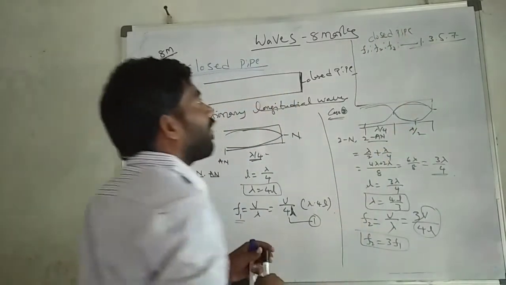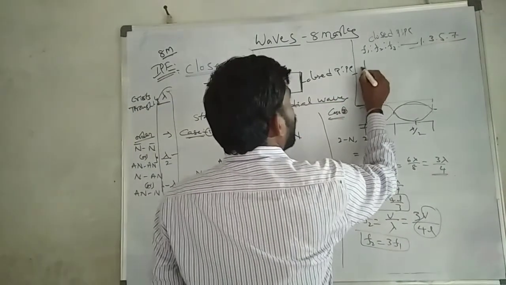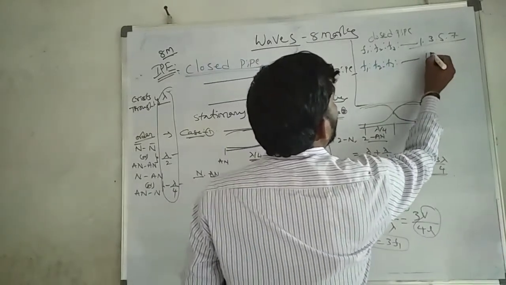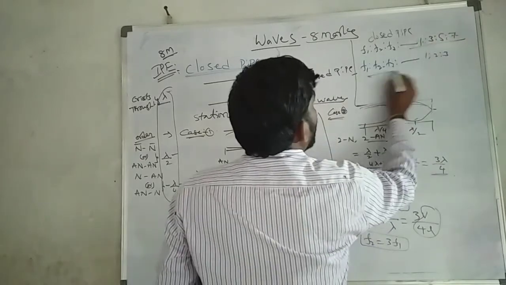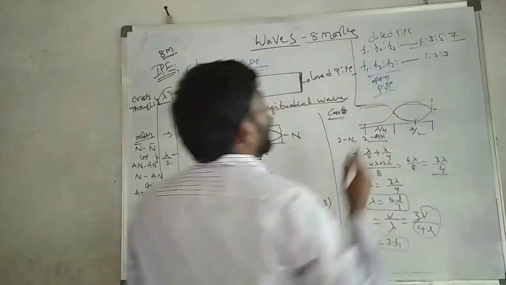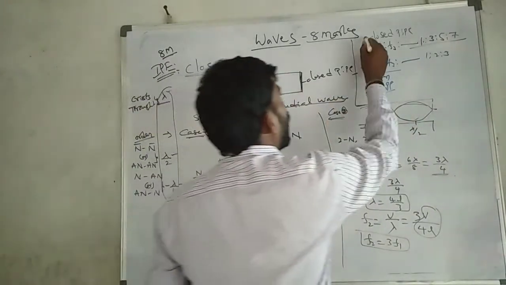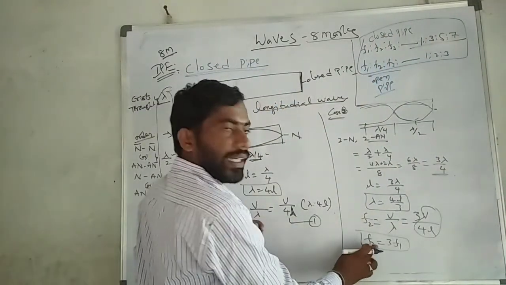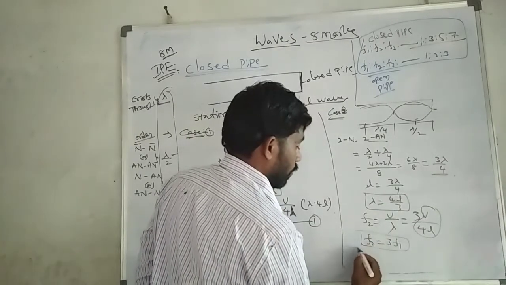But in the open pipe, F1 : F2 : F3 equals 1 : 2 : 3. This is for the open pipe, and the above one is the closed pipe. This is important. This one is the secondary frequency, or first overtone.